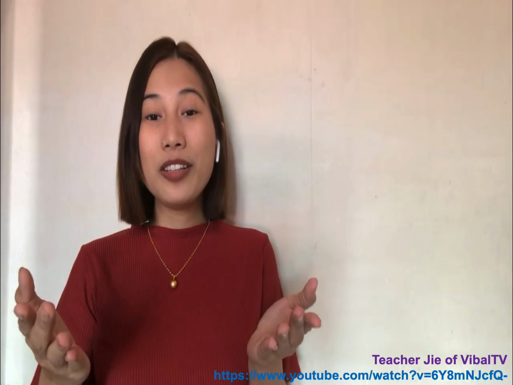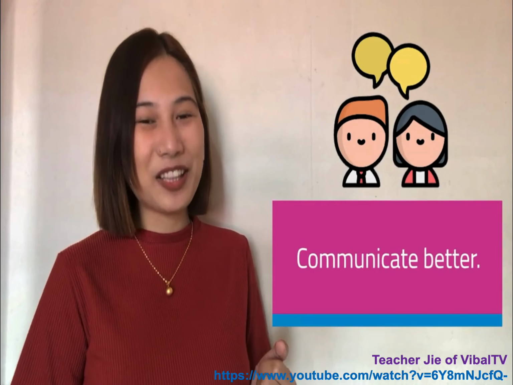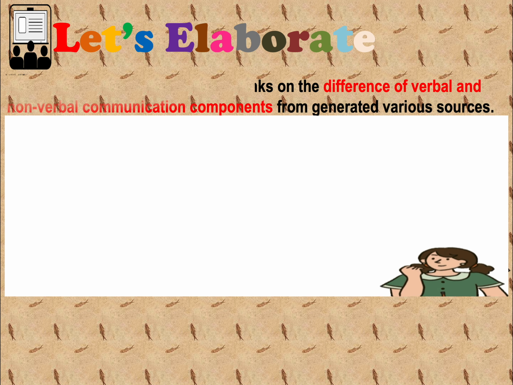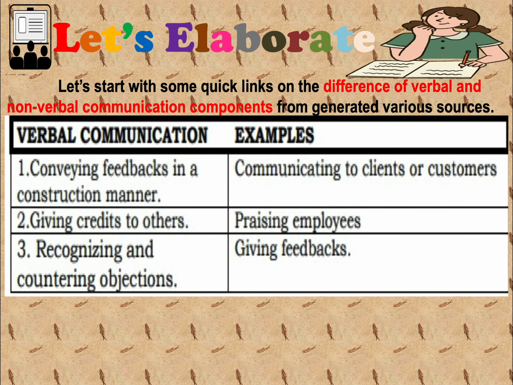I hope that all the things that we discussed today will help you communicate better in the future. More on the difference of verbal and non-verbal communication components from various sources. Again, when we say verbal communication, it is the use of language to transfer information through speaking or sign language.